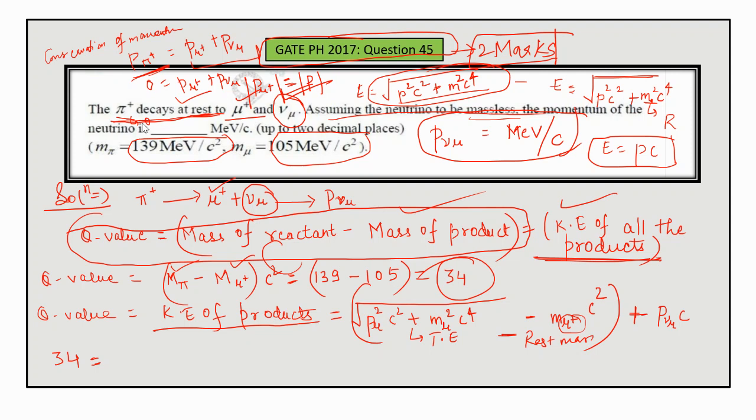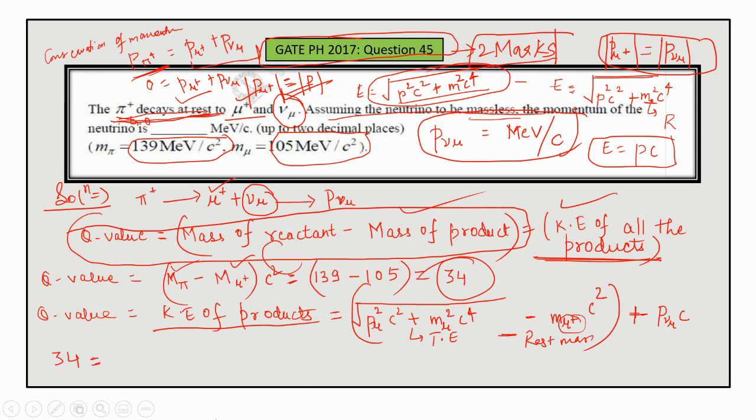This is a vector addition kind of thing. So the pion positive decays at rest, and the linear momentum of mu positive is equal and opposite to the linear momentum of its neutrino. The magnitude will be the same, but it will have opposite direction. Why? To conserve the momentum, because on the left hand side the pion is at rest.